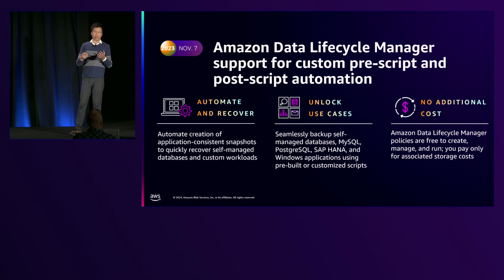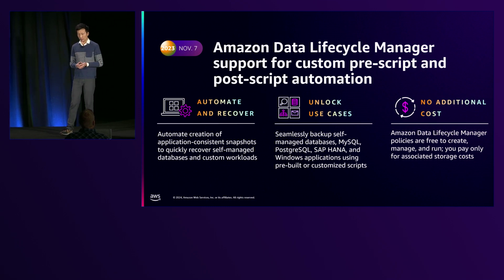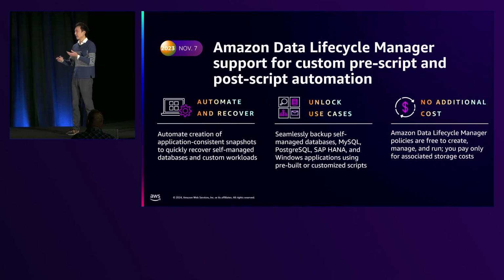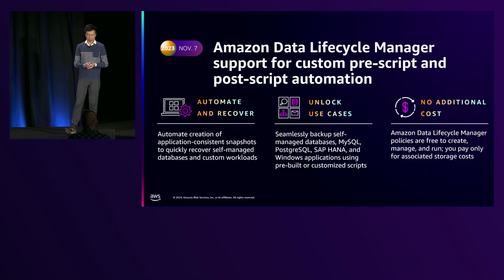And the idea is that when you have application consistent snapshots, as JP mentioned, it makes the recovery of your databases much quicker and much easier as well. Still, those policies that you create with this ability are free to use, and you're essentially still only paying for the EBS snapshot costs.